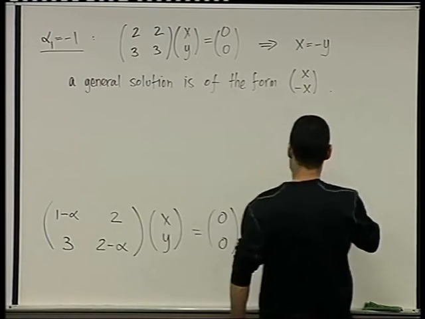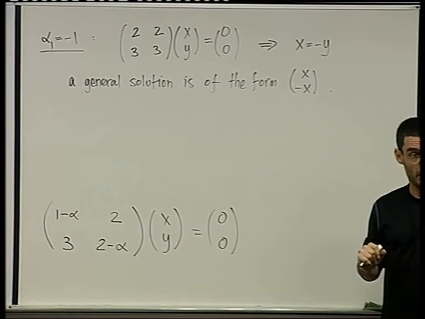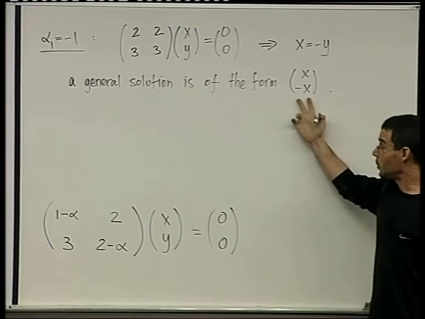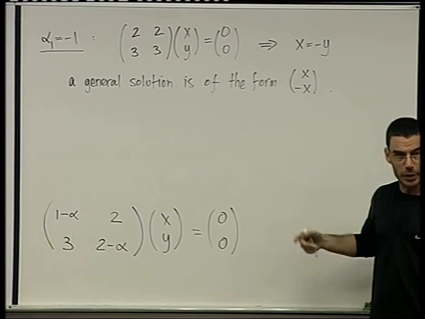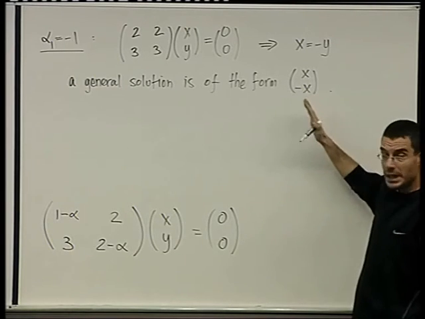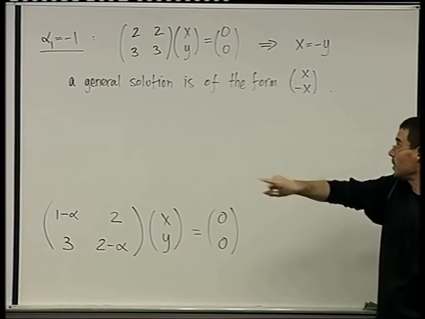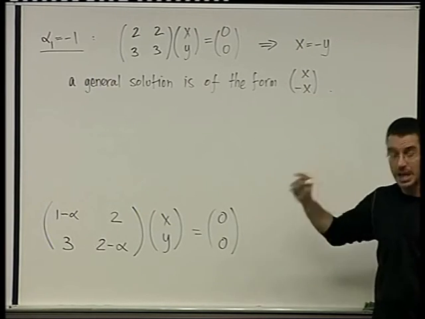We're trying to construct a basis of these eigenvectors. If we take two of these, let's say 1 and negative 1 and 2 and negative 2, they're linearly dependent. So we can only gain one eigenvector from this eigenvalue in this case.